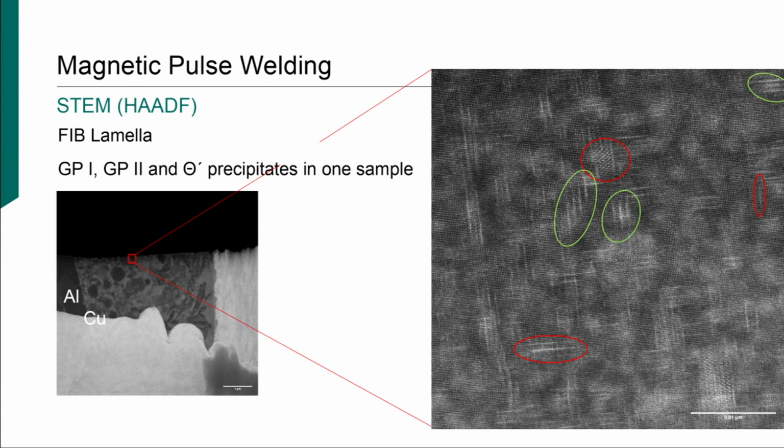These phases have this interesting property that they are coherent on the outer surface, so they nicely fit into the matrix lattice. In this direction, if you take the proper number of layers, they again fit, I think 7 of the aluminum-copper layers fit to 5 aluminum layers, or something like this.